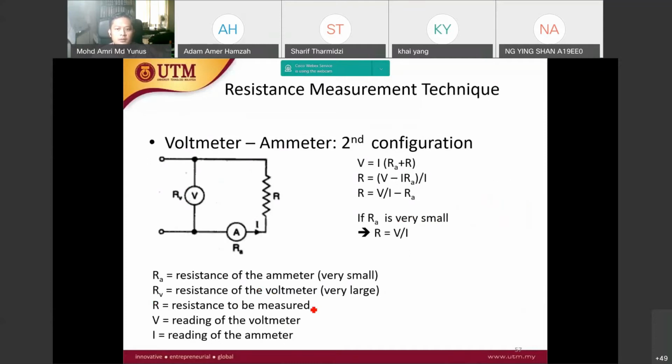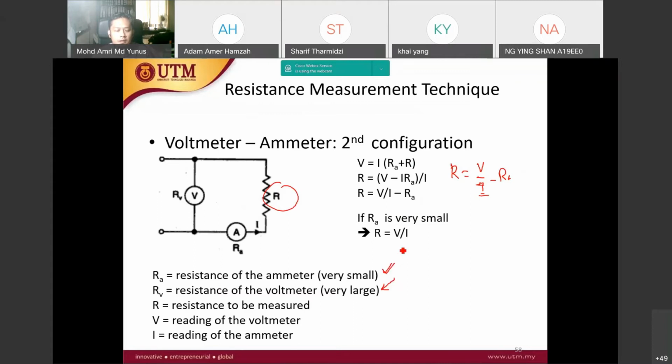In the second case, R is equivalent to V over I minus RA. To get a reading that is close to the actual value of R, RA must be very small, but of course RV must also be kept at a large value.